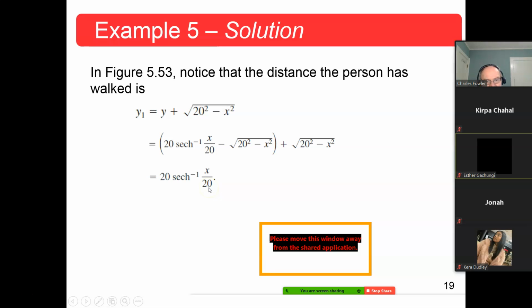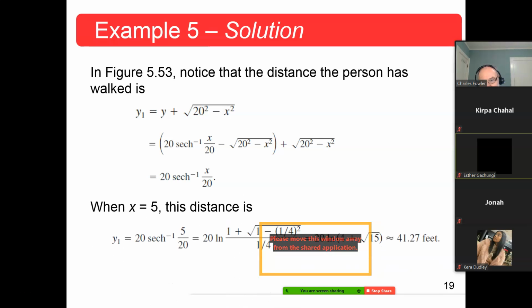Now all you do is plug in when X is equal to 5, plug that in here, and you have the Y1.